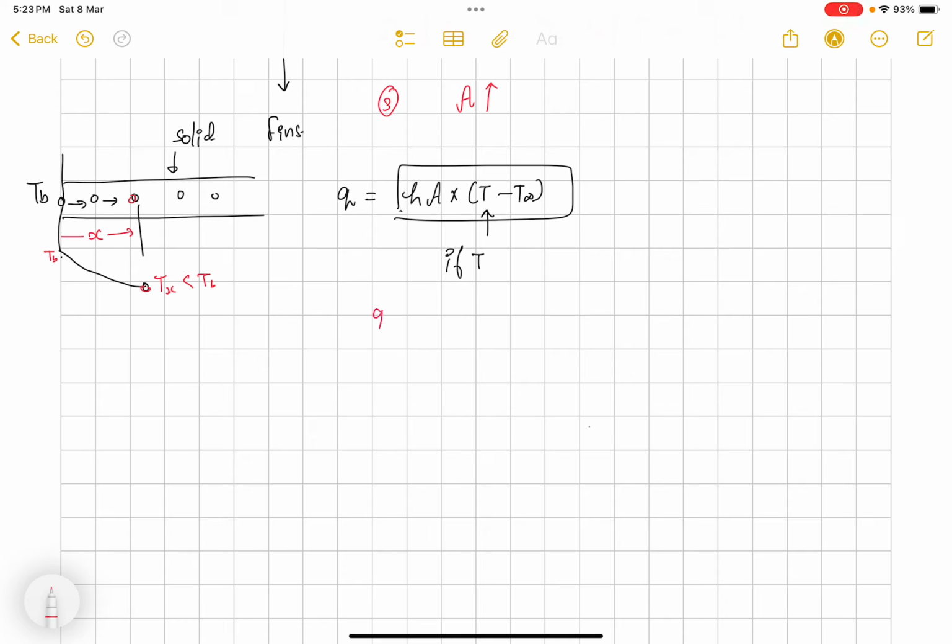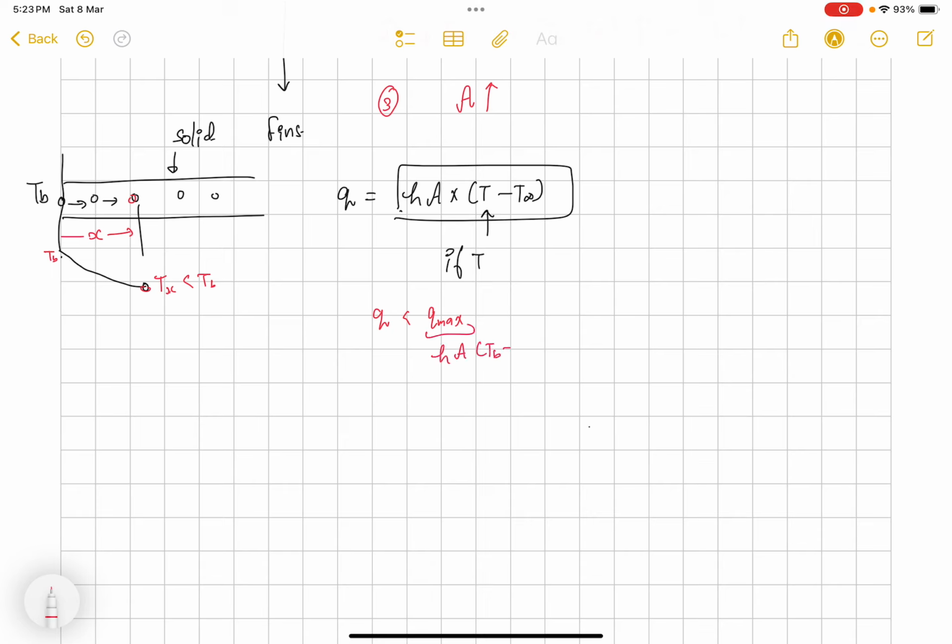It means that in that case Q from the fin at that location will be less than the maximum possible, right? And what is the maximum possible? h times A times (T_b minus T infinity), right?